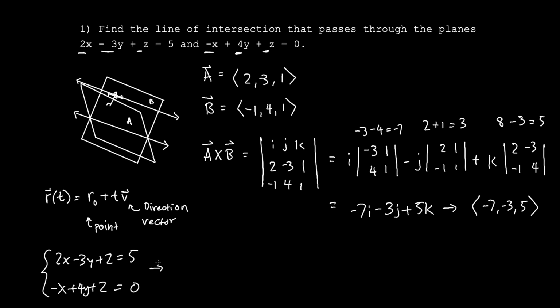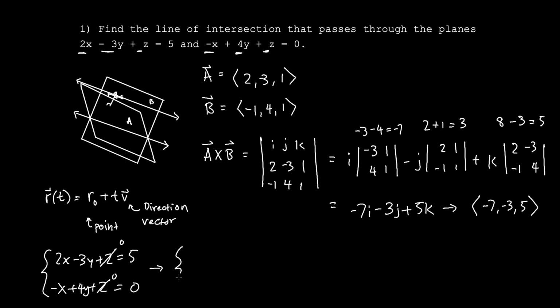The easiest way to do this is we're going to set z equal to 0. So we want to eliminate a variable from the equation. By setting this equal to 0, we can solve for x and y, because a system of equations with two equations can solve for two unknowns. And when we solve for two unknowns, we can find out what a point is.